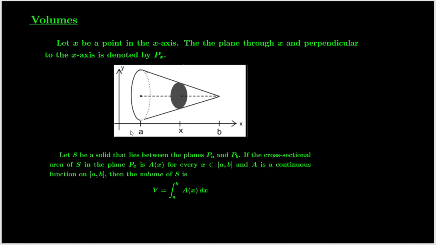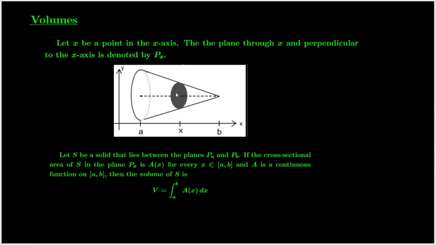As long as you can get the area of all the cross-sections for all values of x, then you integrate the cross-sectional area from a to b. You have the volume. I hope it's not too hard to understand.